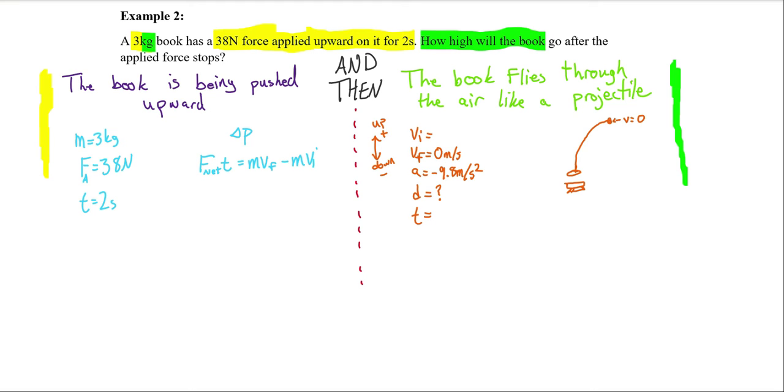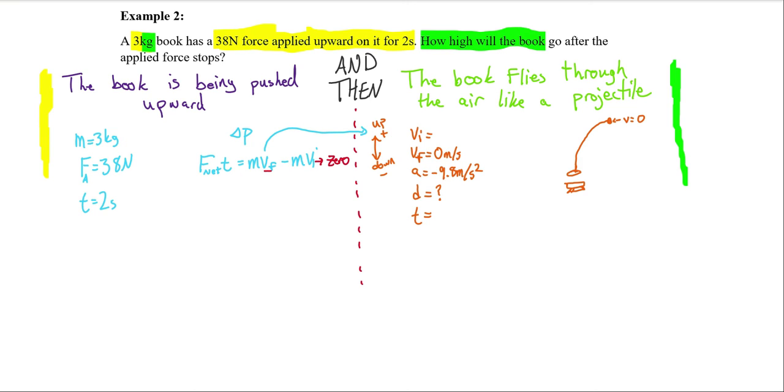Remember, the final velocity of when the book is being pushed is the initial velocity of the book flying through the air. This is a very simple formula, especially since when you begin throwing objects, it seems pretty reasonable to assume that the initial velocity is going to be 0.